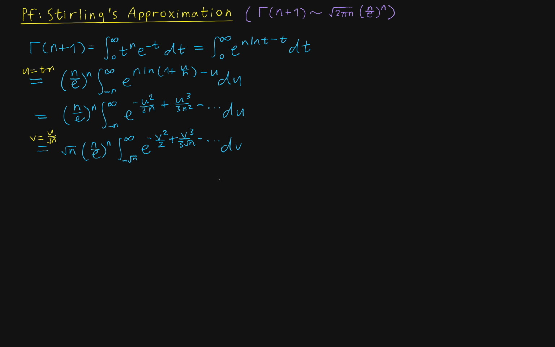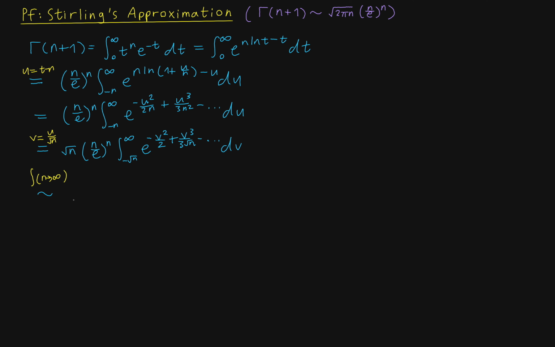And now what we're going to want to do is take the limit as n goes to infinity, but actually I'm going to rewrite this as asymptotic equivalence. For asymptotic equivalence, we don't care what we already have factored out as constants. We only care what happens to the integral, right? So we're going to take the integral as n is approaching infinity.